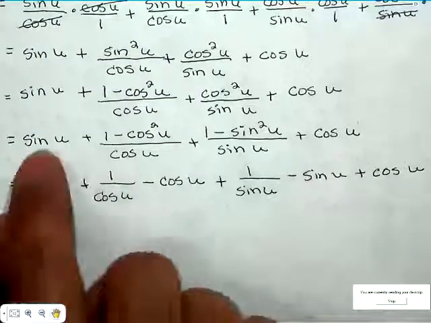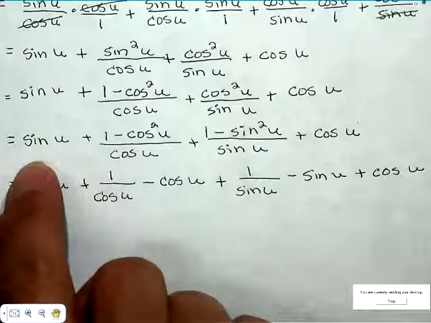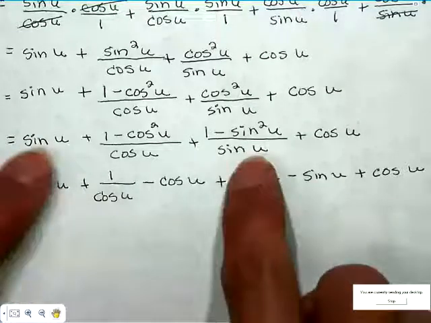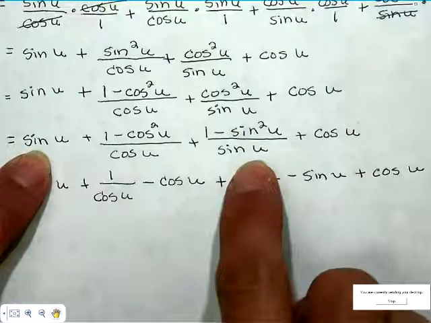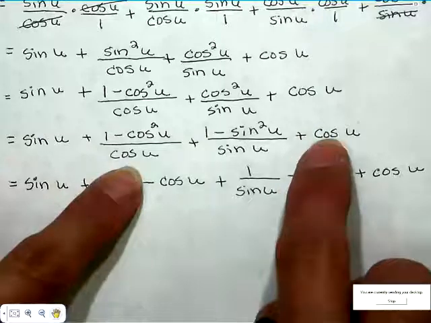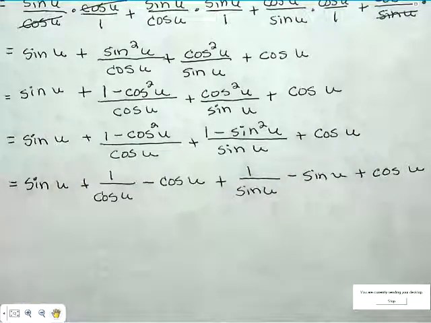You could write sine u as sine squared over sine, and then when you added these two fractions, you would just have 1 over sine. That's cool. And do the same thing for this, right? Cosine as cosine squared over cosine and add those two fractions. That's neat. That's neat also.